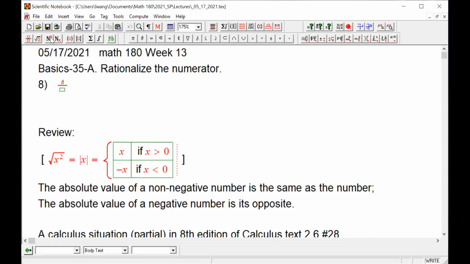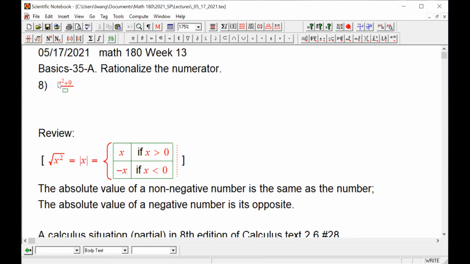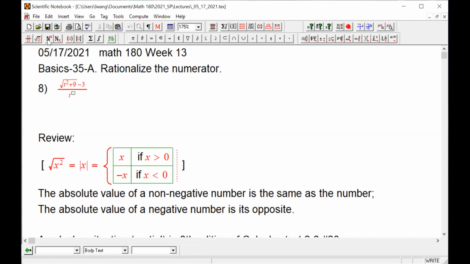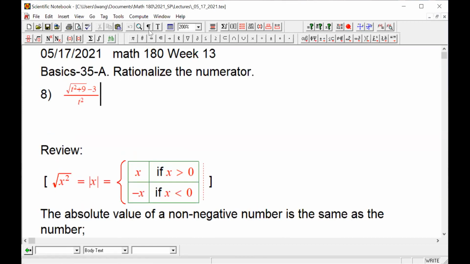We have the square root of t squared plus 9, minus 3, and the denominator is t squared. Rationalize the numerator. How about you? Would you like to try that? I think you can do it.